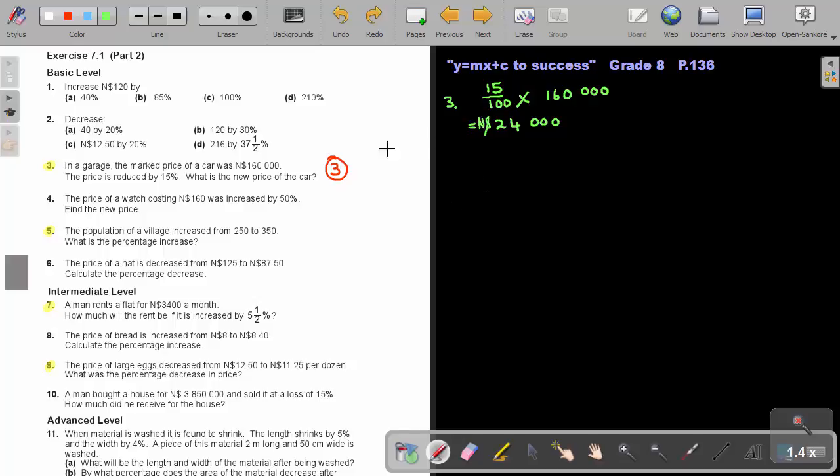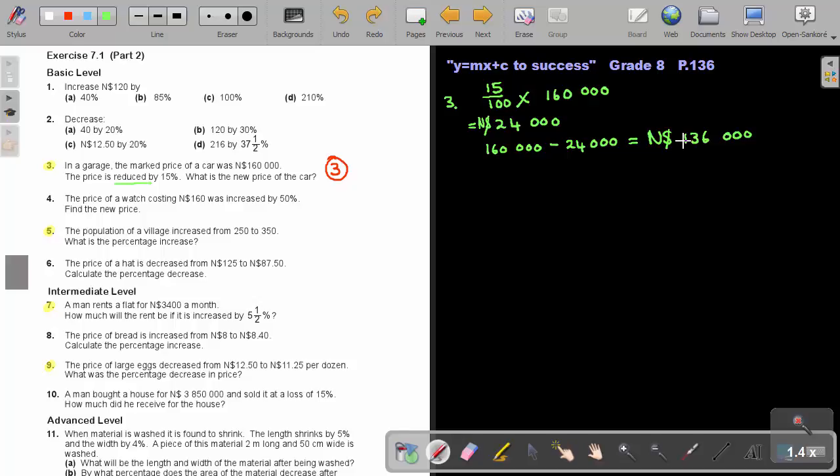Now, the price is reduced. What does reduced mean? It means subtract. So you will take the 160,000 and subtract the 24,000, and you will get an answer of 136,000 Namibian dollar.